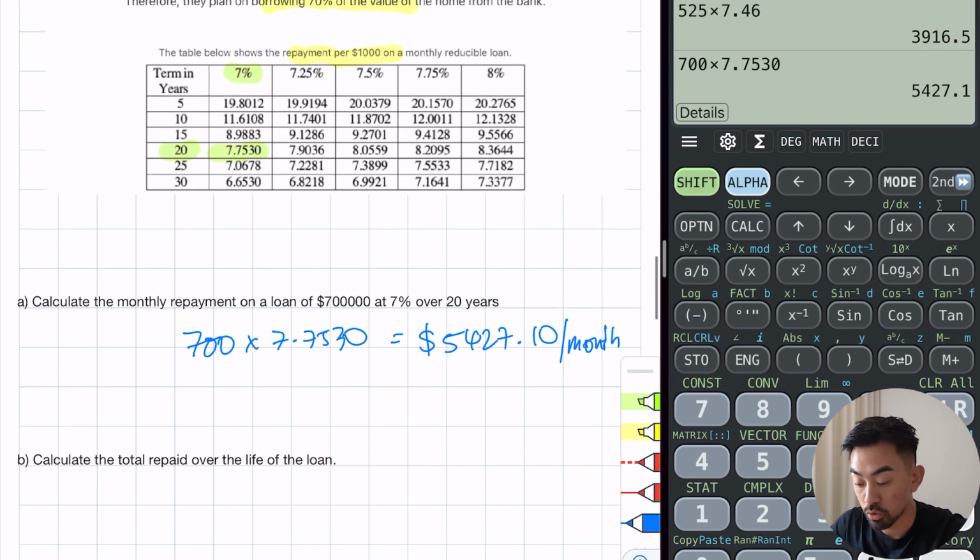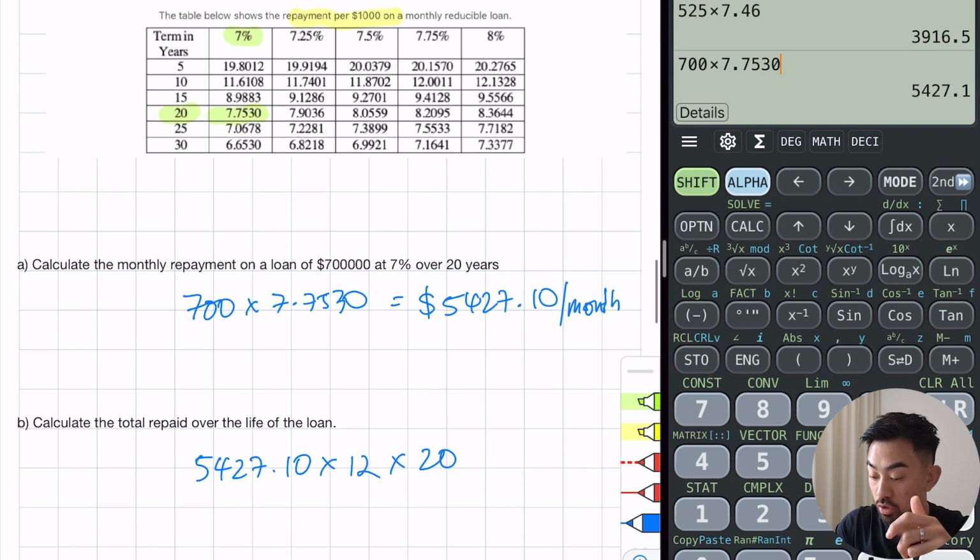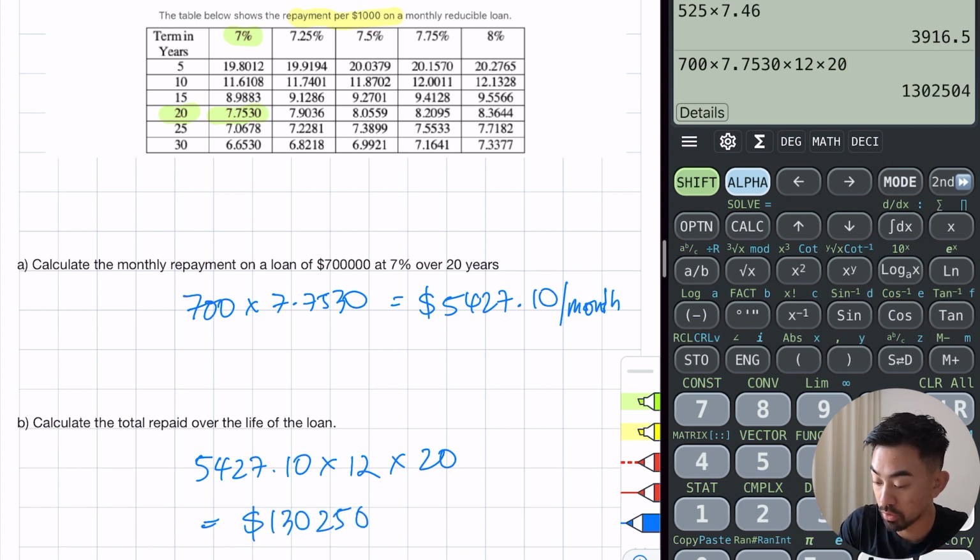B, calculate the total repaid over the life of the loan. All right, so they're repaying what we just found per month. So to get it to years, I have to times that by 12, and they're borrowing that over 20 years. So the total repaid should be times 12 times 20, so what's that? $1,302,504.